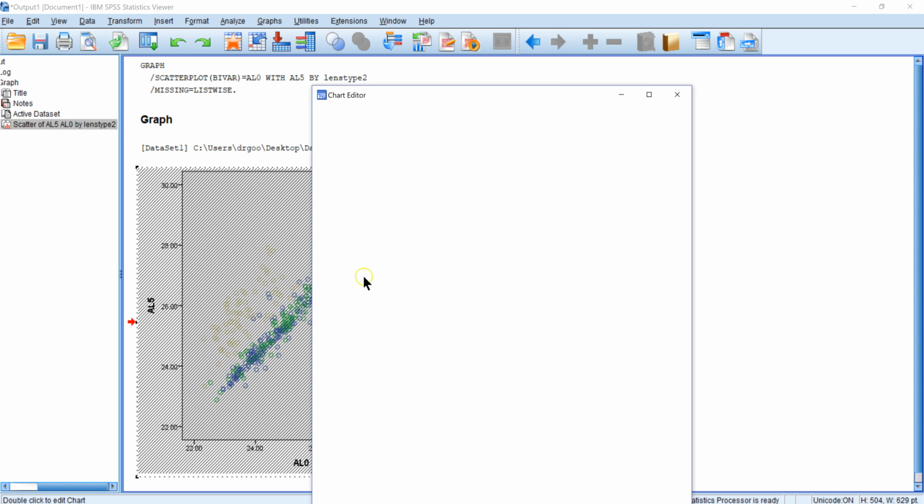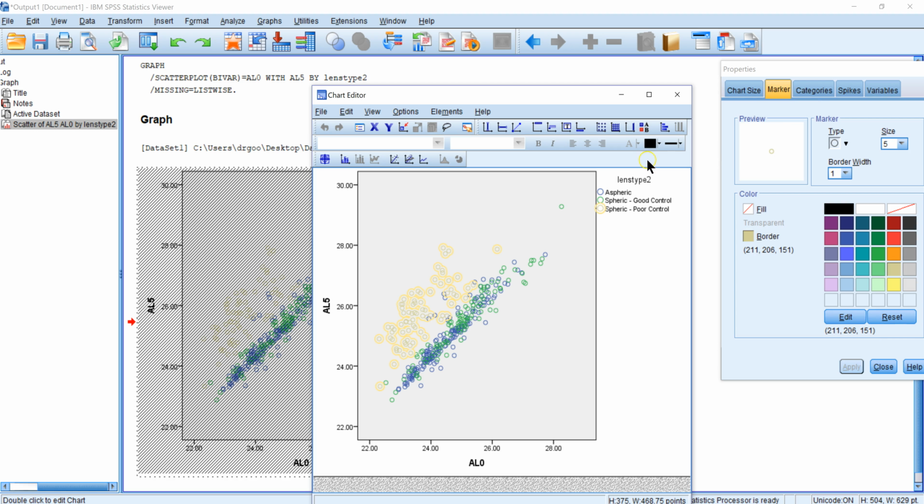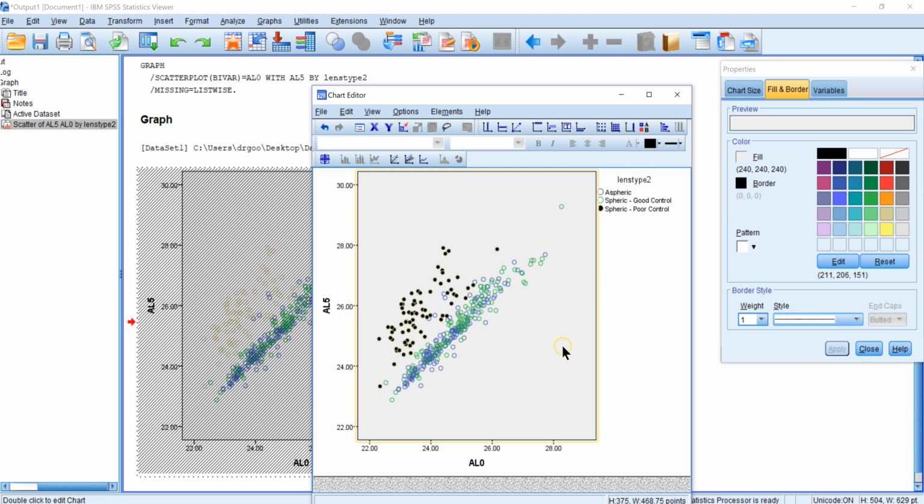Let's double click on this graph and click on this light yellow and make it so we can see that a little bit better. So you can see that axial length at year 5 is definitely a function of where people started out.